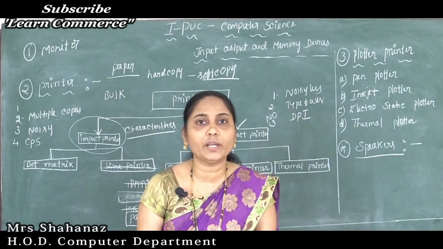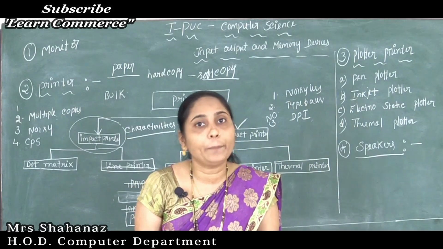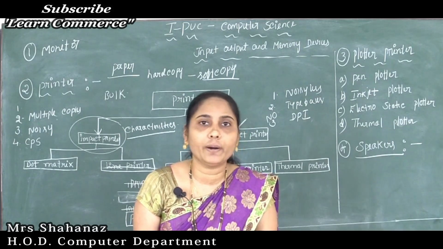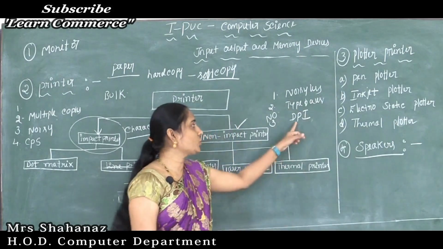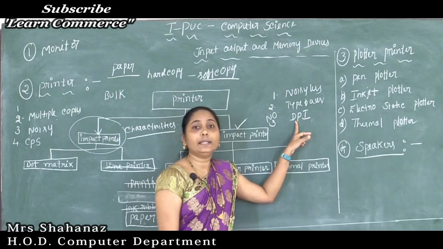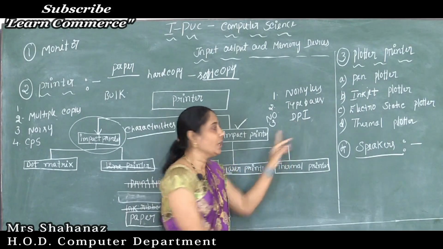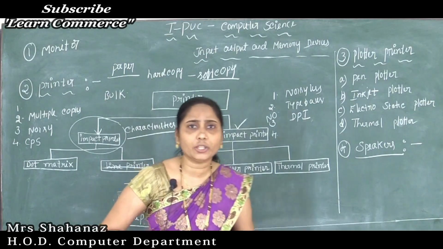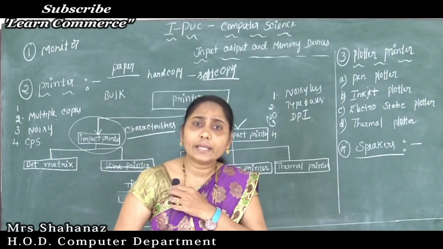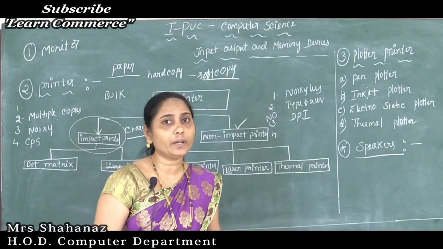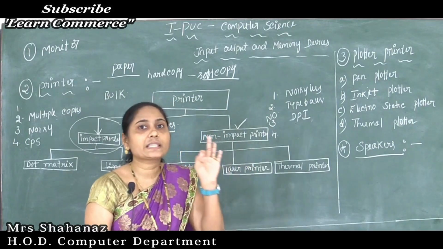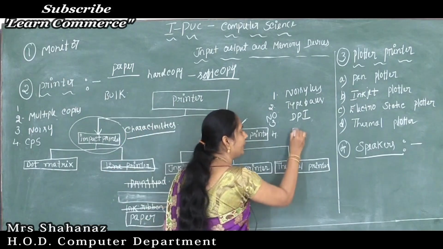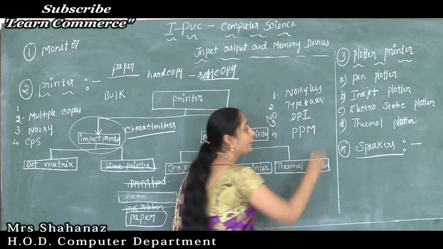The full form of DPI is dots per inch. So it is measured using our DPI, dots per inch. Maybe some confusion: what about the dots per inch here? We can say that the speed is calculated by the number of pages per minute, so it is called PPM.